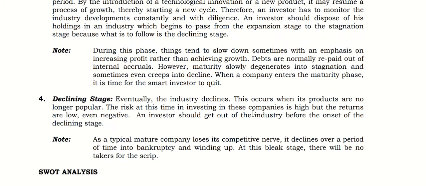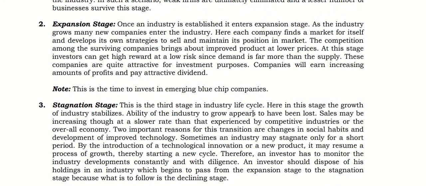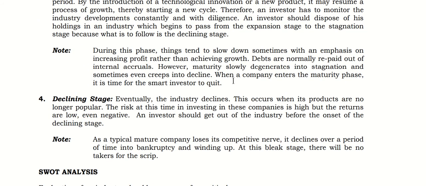So you have to find the right spot where you should sell your stock to earn maximum profit. This should be your target. So in the stagnation stage, you should sell your stocks and find the right point so that you will earn the best profits. So here smart investors will quit. Smart investors will sell the security.